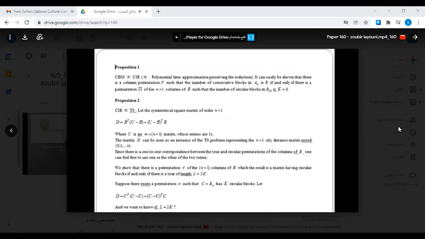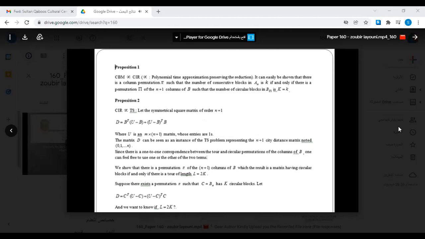Reducing CBM to SIR by this procedure, and reducing SIR to the traveling salesman problem by this procedure, where the matrix D is an instance of the traveling salesman problem represented by the n plus 1 cities distance matrix.